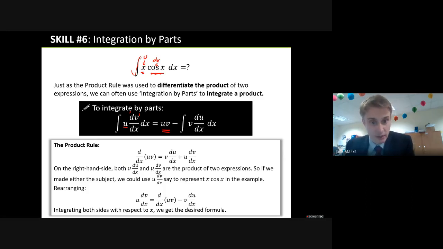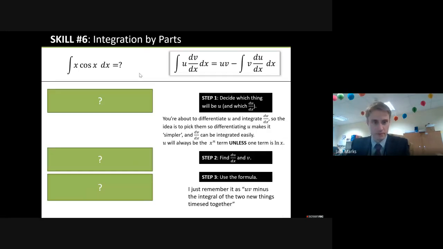That's going to be sine. dv integrated becomes v is sine. And then you have a minus, and then you have some other part here, v, so that would be my sine x again. And du, you have to differentiate that part. So I have to pick two pieces, one to differentiate, one to integrate, work them out. So I've got four different pieces, and then plug them in to this.